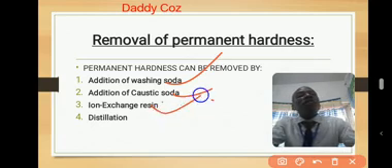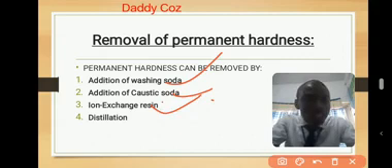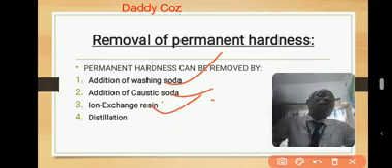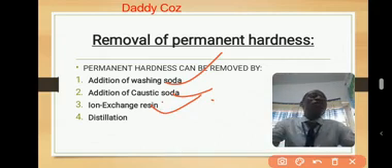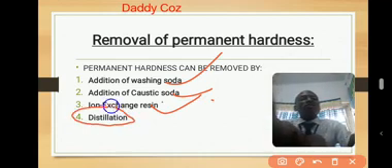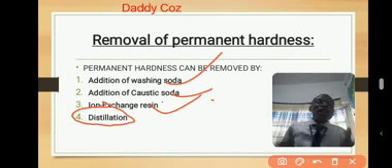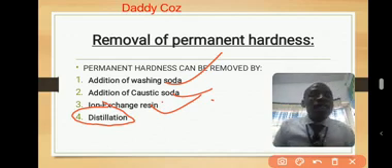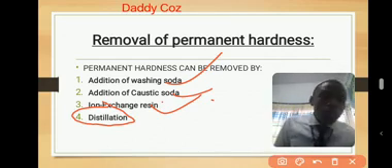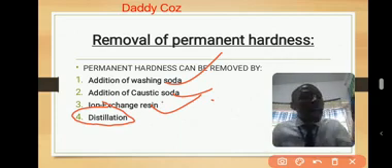Number 3 is by the use of ion exchange resin. Ion exchange resin is a material that can exchange ions, so you can exchange the calcium ion with another ion that doesn't cause hardness. Finally, by distillation. Actually, these 4 methods for removing permanent hardness can also be employed in removing both permanent and temporary hardness, so we can say they can be used for removing total hardness.